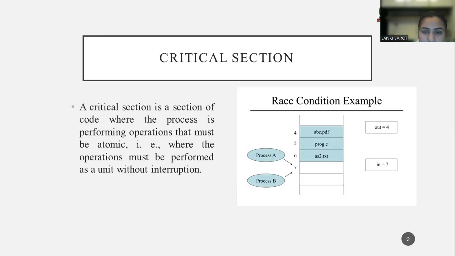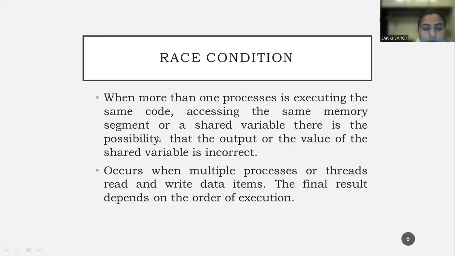So if A, B, C and D, four processes try to occupy this segment or slot or any common variable, then we can say that process A, B, C and D are in a race condition. Clear?